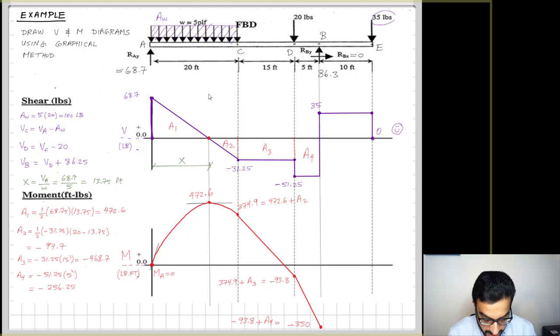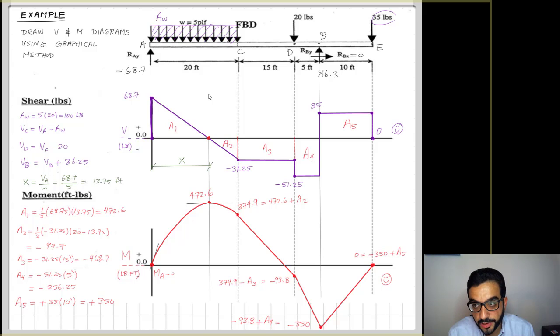And then the next point of interest will be basically the last point, point E. So I'm calculating the area under the shear curve, A5, between B and E. Calculating this area, that will be 350 pound-feet, by multiplying 35 pounds times the distance of 10 feet.